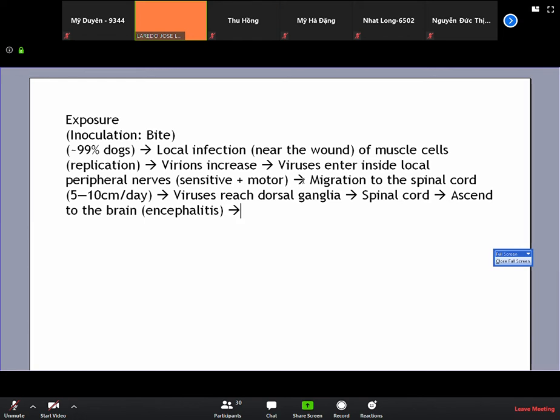And after that, viruses can move again from the brain in the opposite direction. So they can descend from the brain to other tissues.